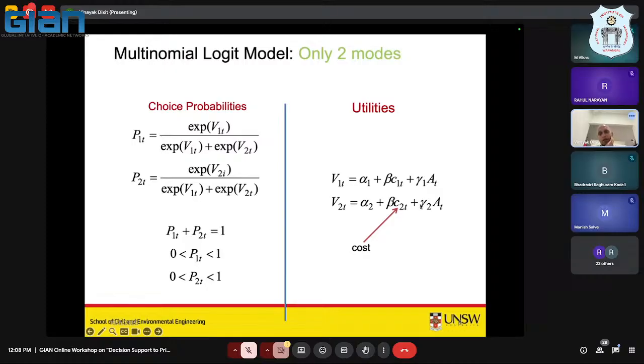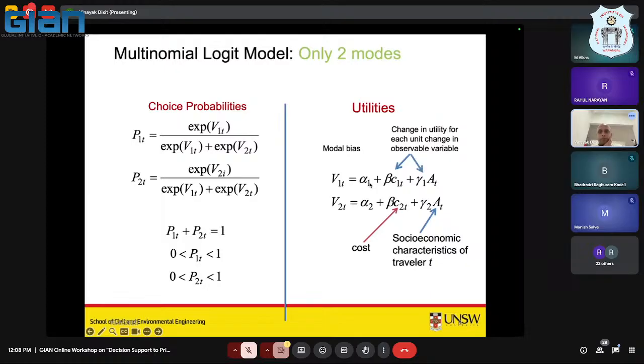So in these utilities, you have this modal bias, which is alpha 1 and alpha 2. What it's saying is that there is some aspect of habit or some bias that a person has, a higher or lower utility for a certain mode. That's what this constant, alpha 1 and alpha 2, is capturing.